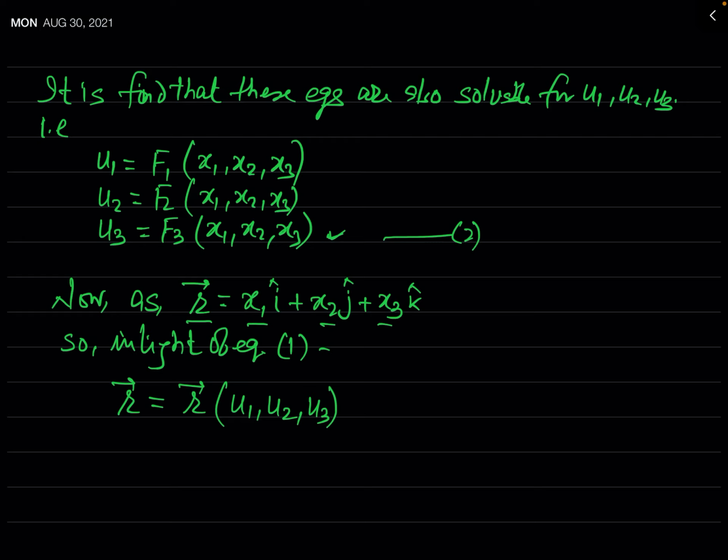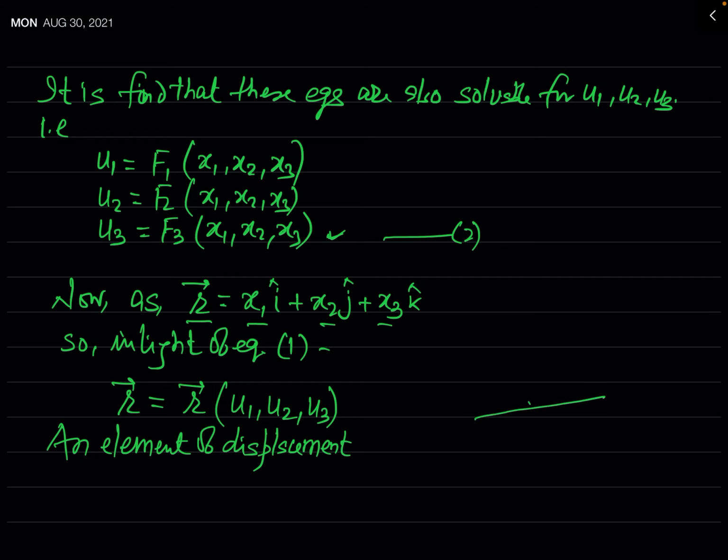And as r is equal to r of u1, u2, u3, as an element of displacement you can write this. When you say an element of displacement, what does it mean? It means a very infinitesimal change in r.